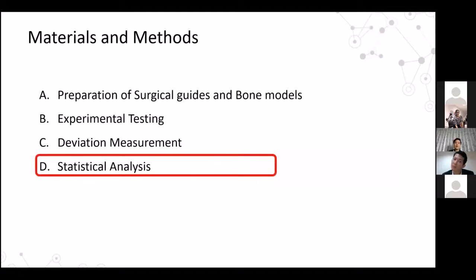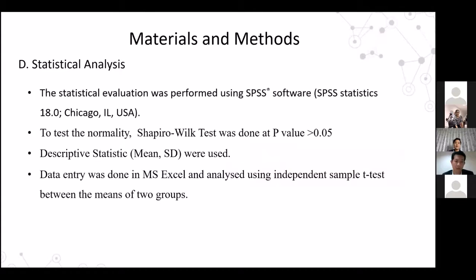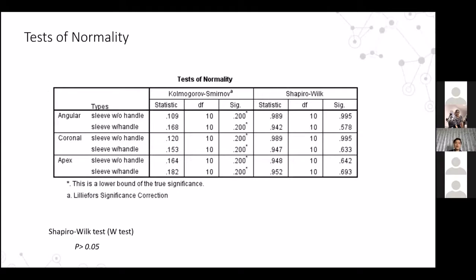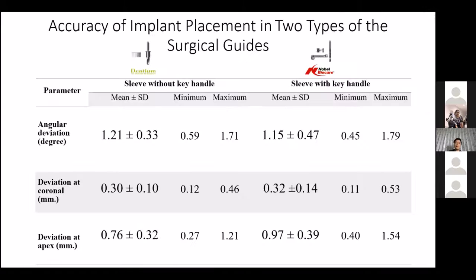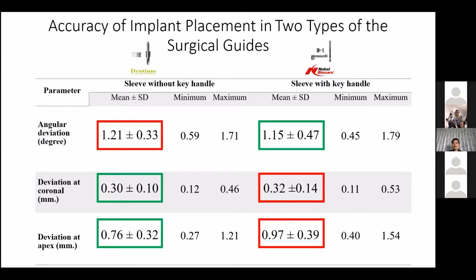Next, statistical analysis. We use SPSS software version 18, test normality, do descriptive analysis, and analyze by independent sample t-test. The results of the normality test: we found a normal distribution. The results of the accuracy of the two types of surgical guide are like this.